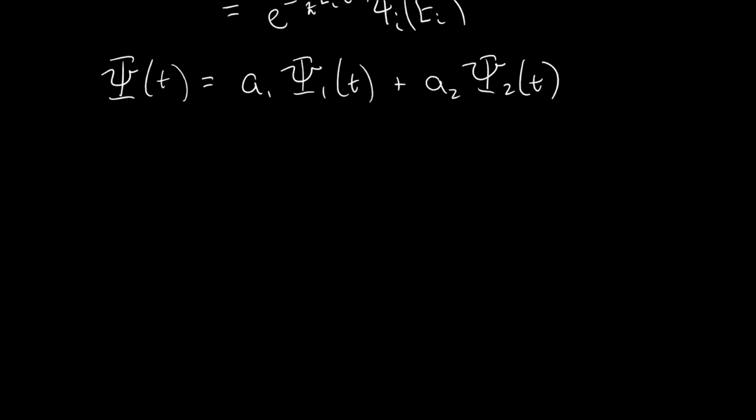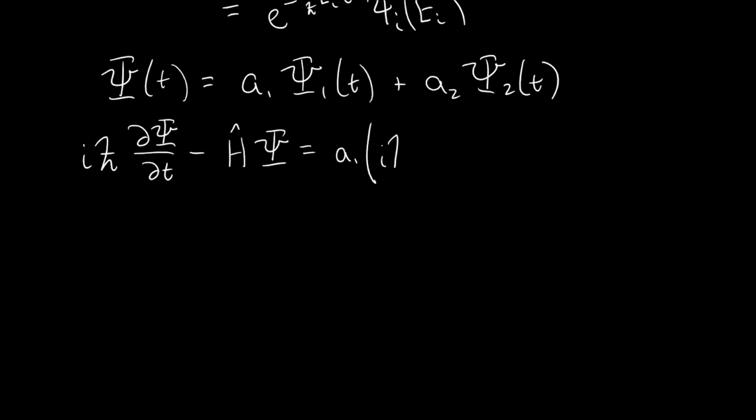Okay, so now I want to look at the Schrodinger equation, which is just i h bar d psi dt. And I'll write it in kind of a funny way. I'll just bring the H hat side over to the other side. And this is going to be H hat psi. And of course, I can break this up into two pieces.